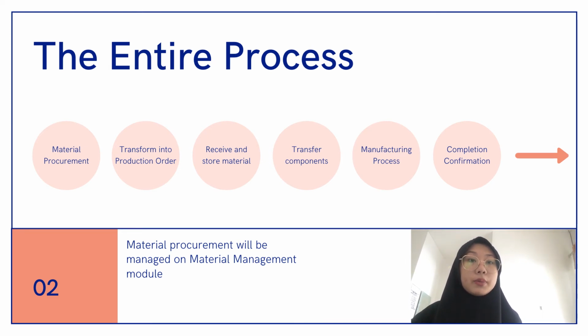Then we manufacture the products within 2 months, and the schedule refers to the schedule produced from the MPS. And once the production is completed, we confirm it and store the finished product in the finished product storage.